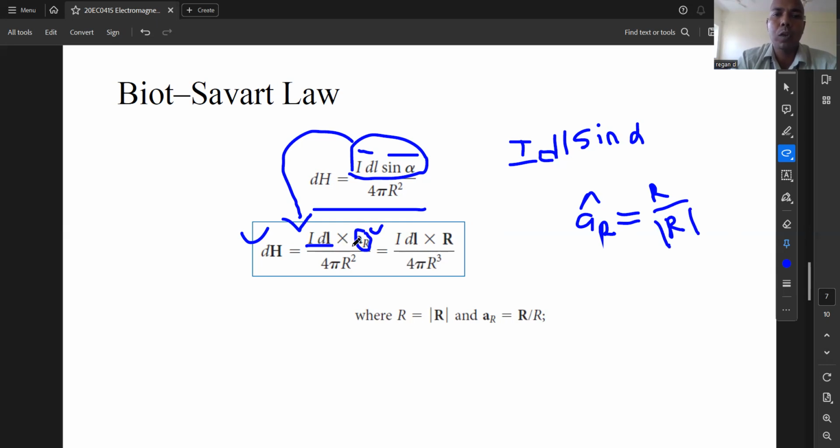So here we have I dL cross aR, and aR can be written as R divided by R, that is the magnitude. Already here we have 4 pi R square, that is the magnitude square of the distance. So it becomes I dL cross R divided by 4 pi R cube. So the magnetic field dH is I dL cross R divided by 4 pi R cube.